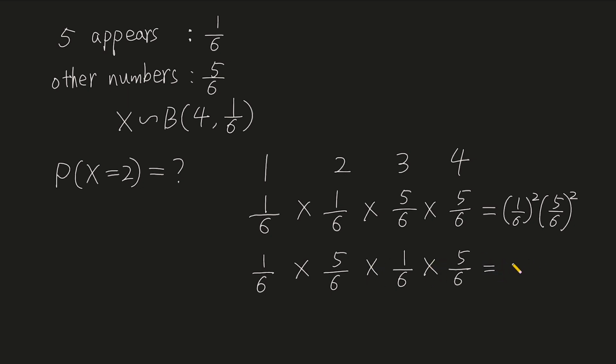So this also equals 1 over 6 squared multiplied by 5 over 6 squared. Still, there are also other cases.